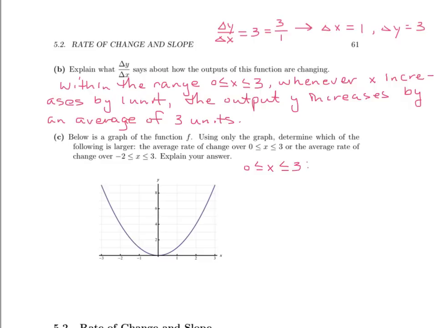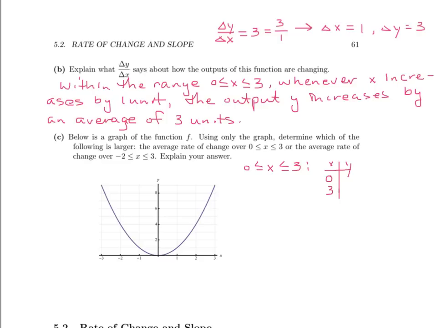So in this range, to find the average rate of change, again, we would probably start with a table of values like this. We would get our table of values from looking at the graph. We are interested in the range from 0 to 3, so they form our starting and our ending values for x, and to get our starting and ending values for y, we go to the graph.